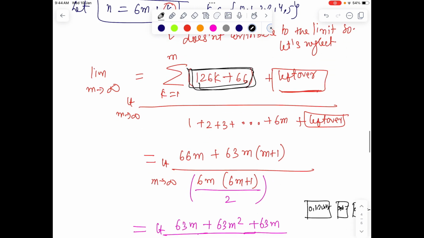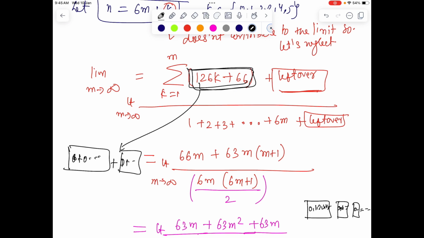And how many boxes do we have to add like this? M boxes, right? So if I decode this, basically what I'm telling is, LCM of 1, 2, 3, 4, 5, 6, that we are writing here, plus again LCM of 7, 8, 9, 10, 11, 12 we are adding here, plus LCM of 13, 14, 15, 16, 17, 18 we are adding here, and so on and so forth. So we have m boxes.